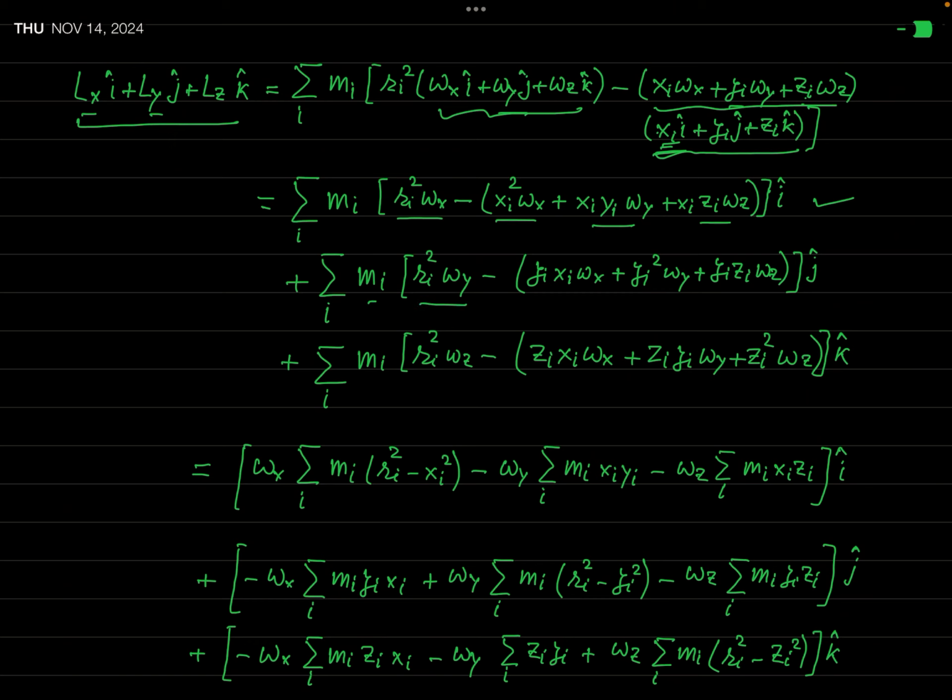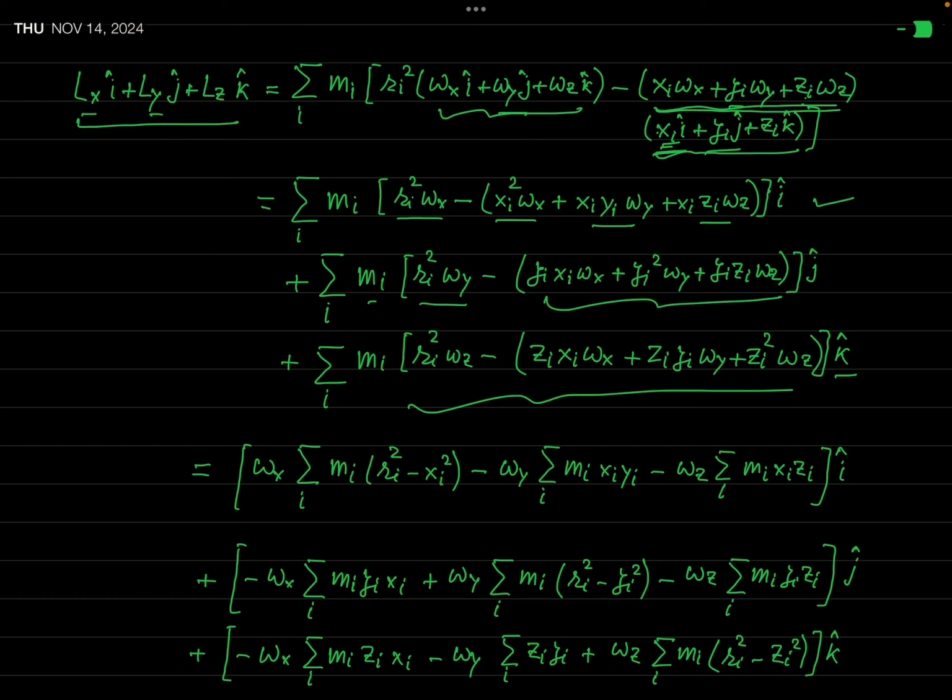Then take the product of the sum of these three terms with this yi j. After taking this product, you will get this much, and j will be a common factor. Similarly, we take k as a common factor and the remaining terms will be like this. You can do it.